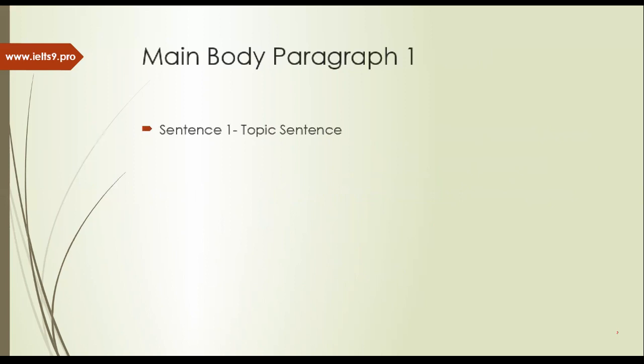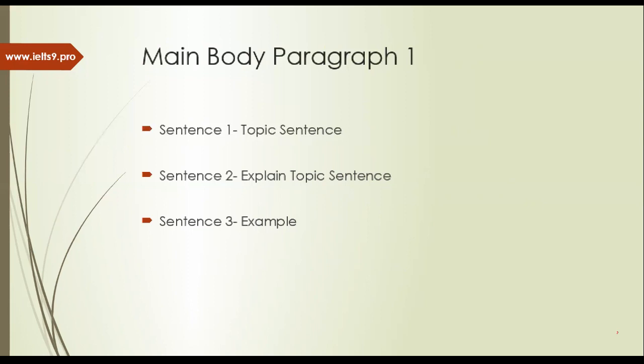Sentence 1, the topic, the main idea, a short sentence that briefly introduces the subject of your paragraph, your 1 main idea, in other words. Then you have to expand on that, explain it. Sentence 3, a specific, clear example. Now, this is just a general guide. As we know, writing is a process.